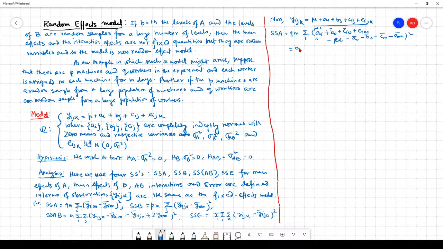So this is equal to Qm sum over i of (Ai plus Ci naught bar plus Ei naught naught bar minus A naught bar minus C naught naught bar minus E naught naught bar) whole square.